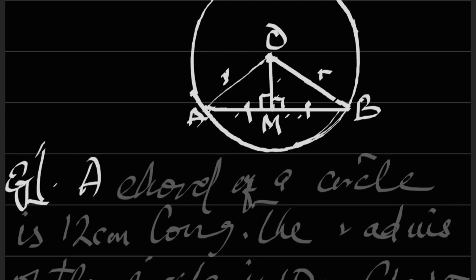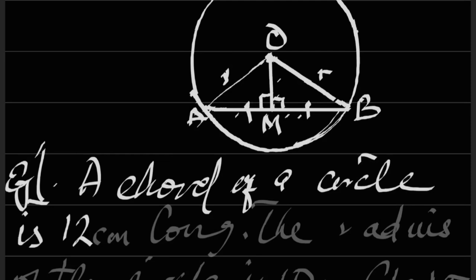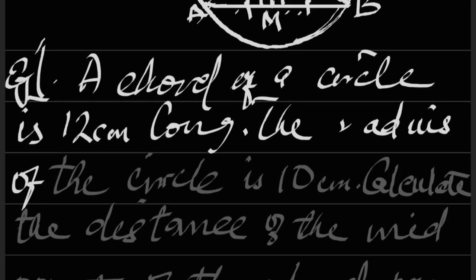A chord of a circle is 12 centimeters long. The radius of the circle is 10 centimeters.